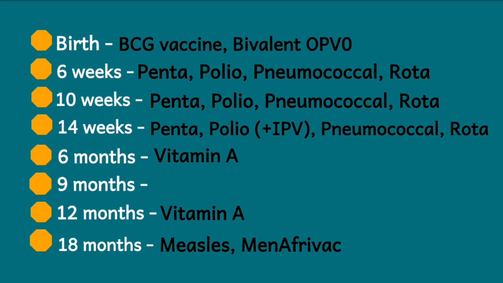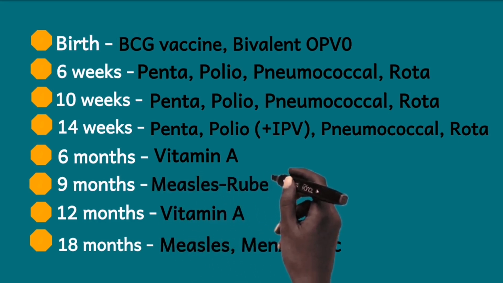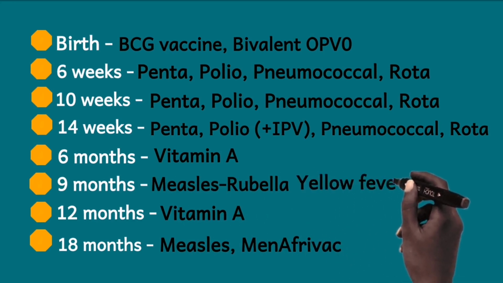And so MRY at 9 months stands for measles rubella vaccine, and then the Y stands for yellow fever. And so by understanding this narrative, we can generate the entire immunization schedule. I hope this was useful, and I hope this helped.